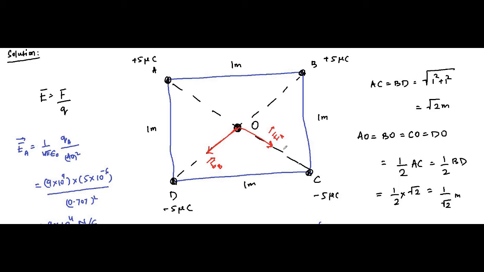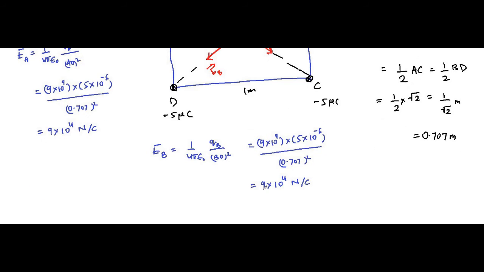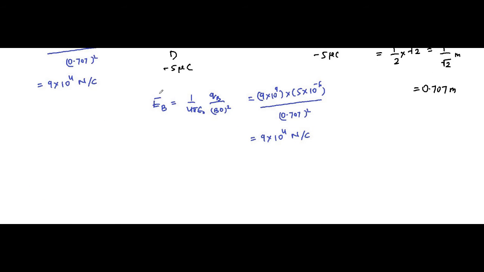here the electric field at O due to this minus 5 microcoulomb charge placed at C will be EC. Here I am only concerned with the magnitude. It will be 1 by 4 pi epsilon 0 QC by CO whole square.